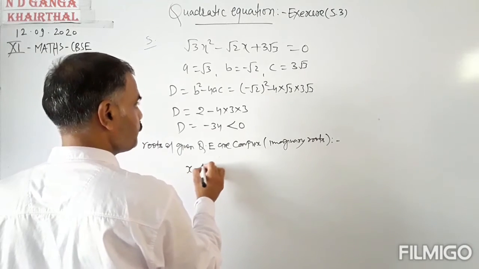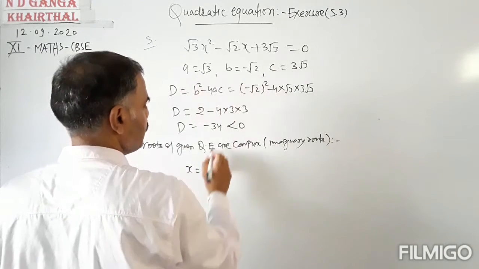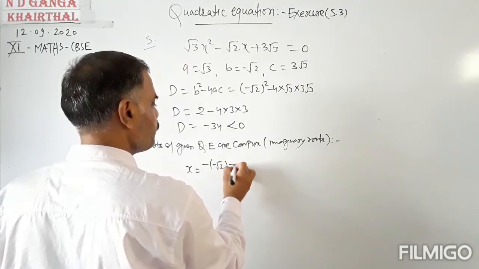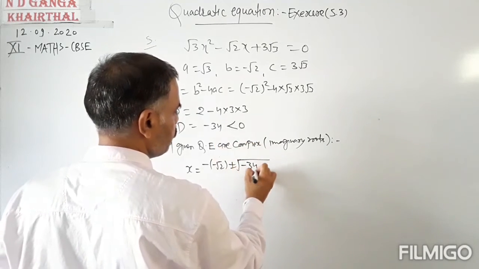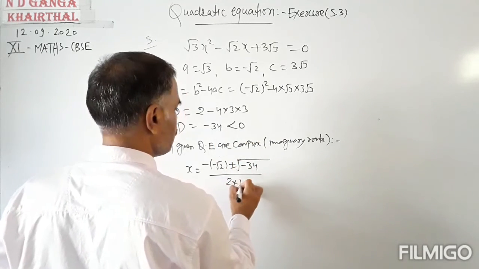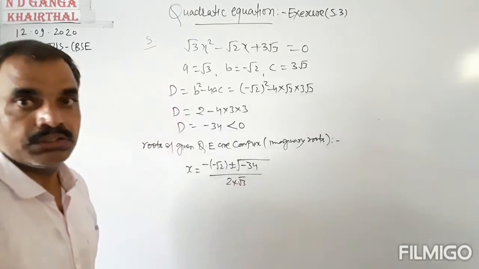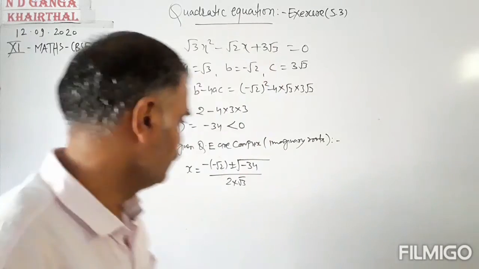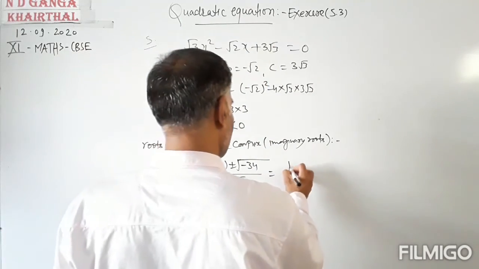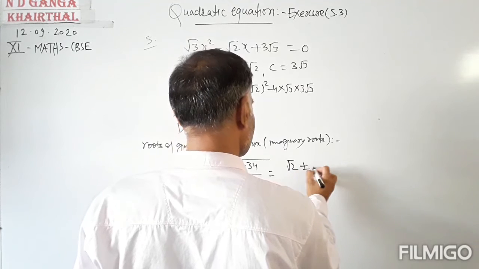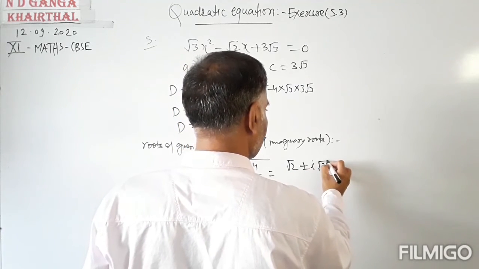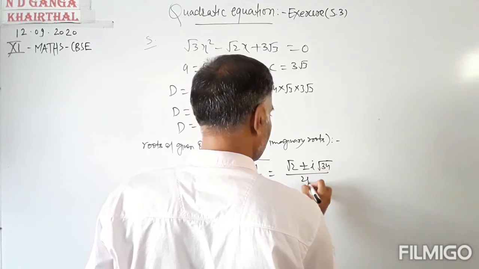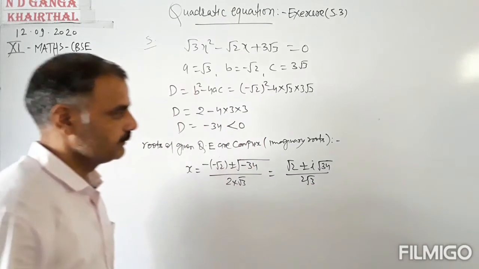x is equal to −b, that is −(−√2), plus minus √D, D means −34, upon 2 × √3. Okay. So this is equal to √2 plus minus iota √34 upon 2√3.